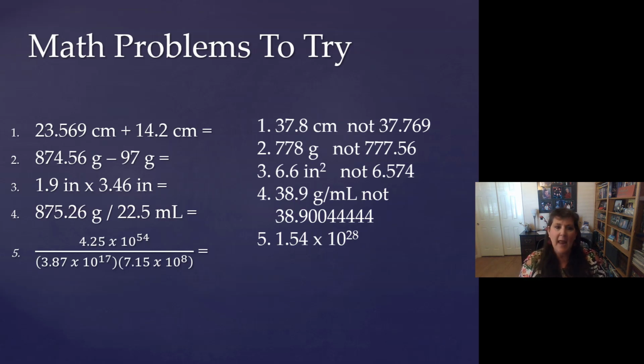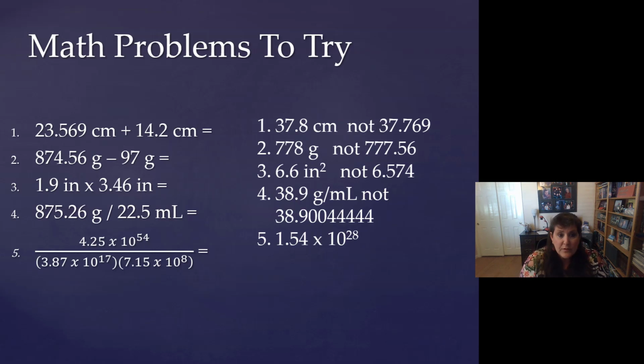Notice the units didn't cancel. Grams over milliliters is grams over milliliters. That's your unit, grams per milliliter. And again, it's not 38.900444444. That's too many sig figs. We round to the least, 3 sig figs.